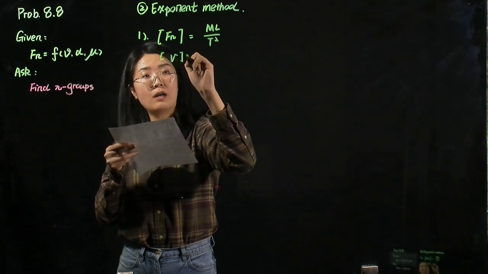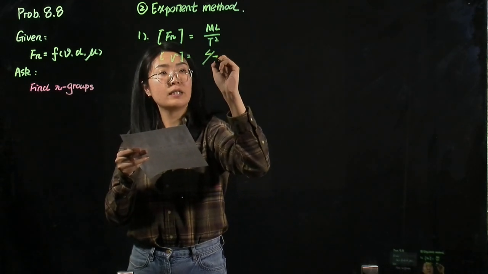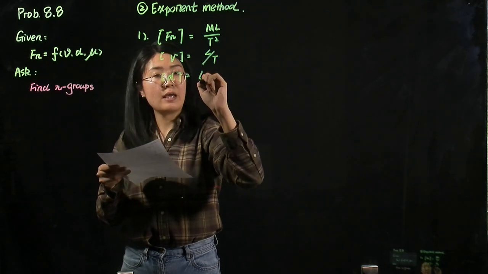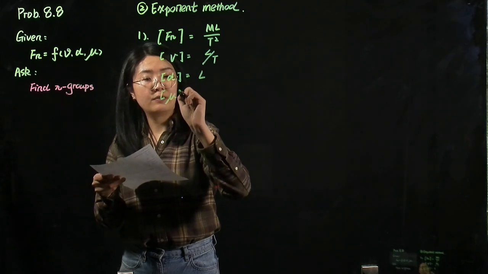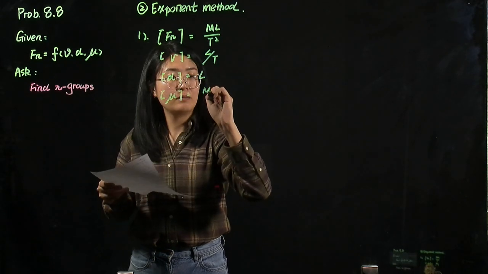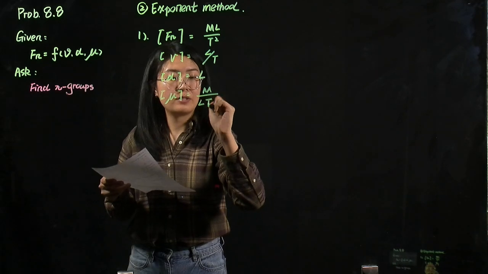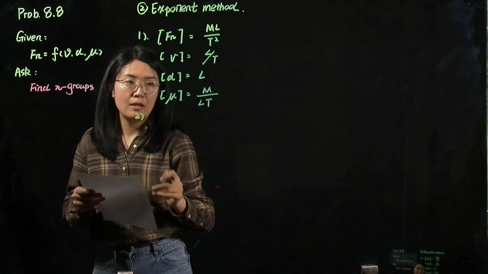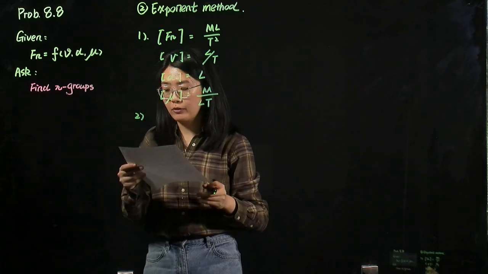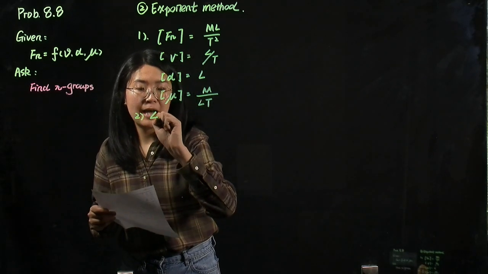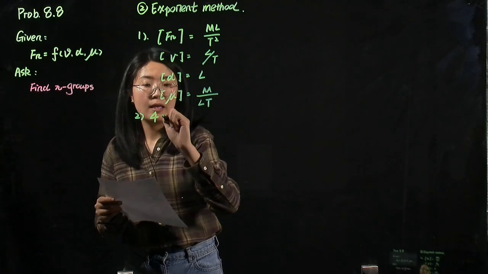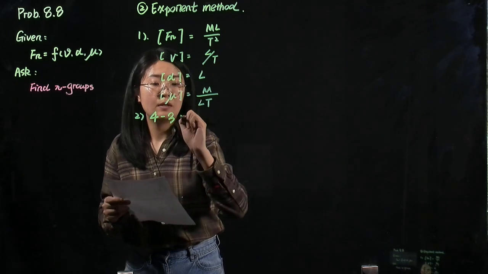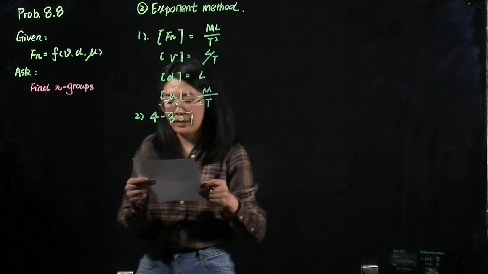The dimension of the velocity is L over T, the dimension of diameter is L, and the dimension of the viscosity is M over L times T, right? And then the second step is also the same. So we determine the number of pi groups. We have 4 variables here, and there are 3 dimensions, which are L, T, and M. So the number of pi groups is 1.